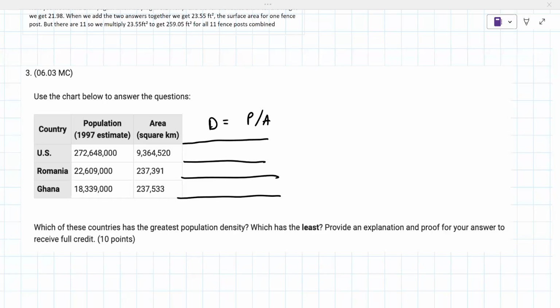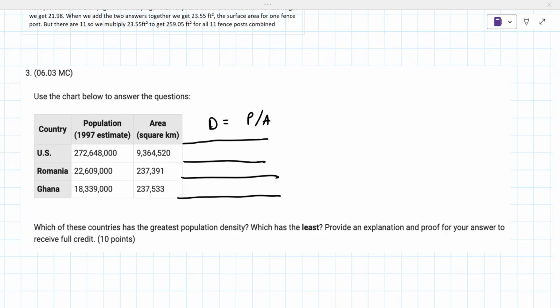I got for the US it'd be 29 point 115. And then for Romania it's 22,609,000 divided by 237,391. For Romania, I got 95.239. All right, so I got that down.